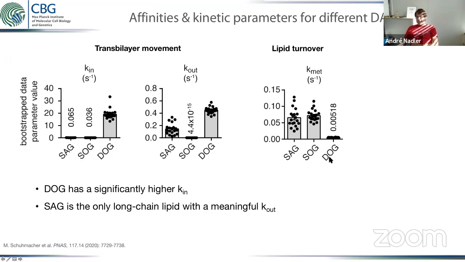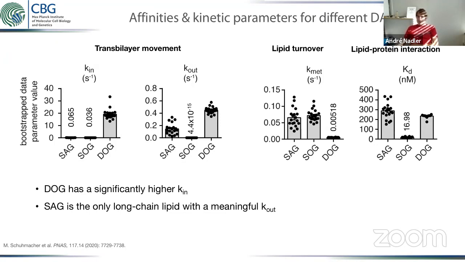And this again is a very cautionary tale about using soluble lipid analogs in cell biological experiments, simply because the rate constants that we find here for this short chain lipid and the long chain physiological lipids differ by orders of magnitude.